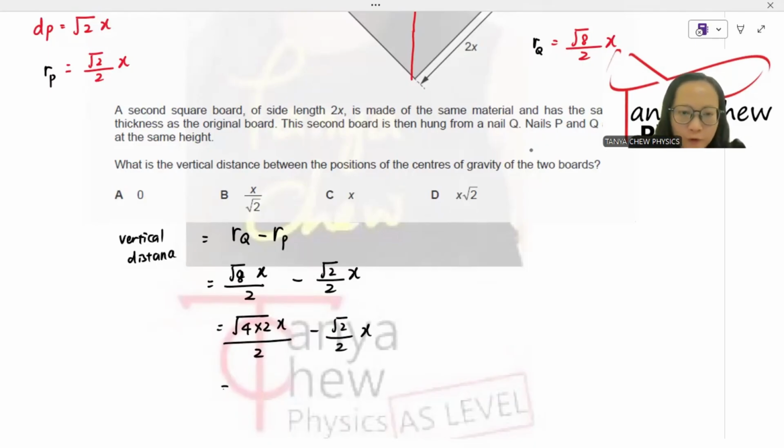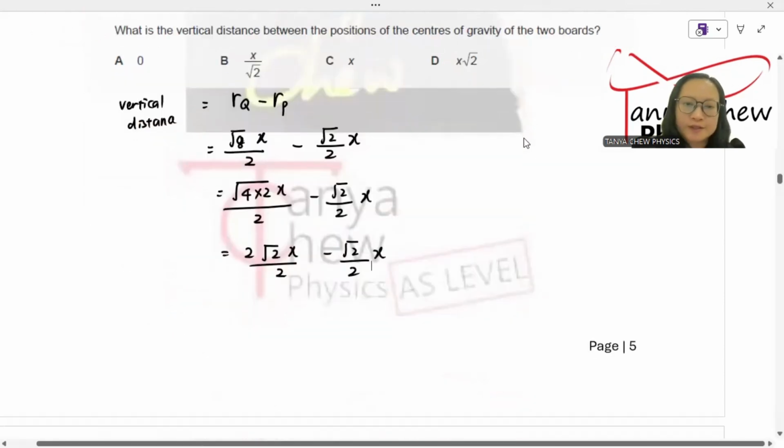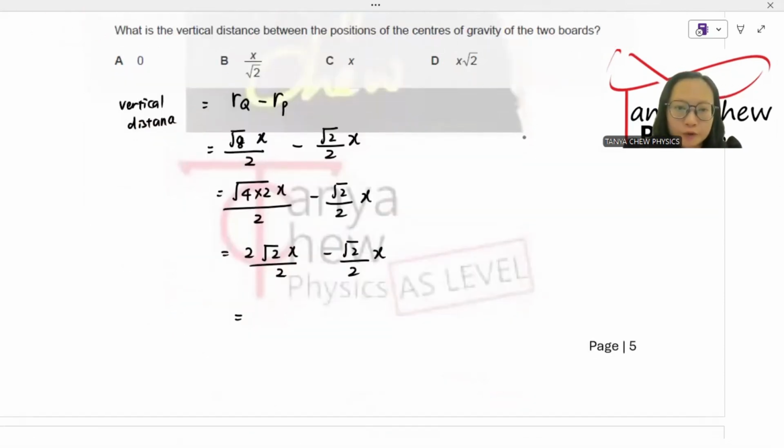So square root of 4 is equal to 2. So 2 square root of 2 times x over 2, minus square root of 2 over 2 times x. So you get square root of 2 times x over 2.